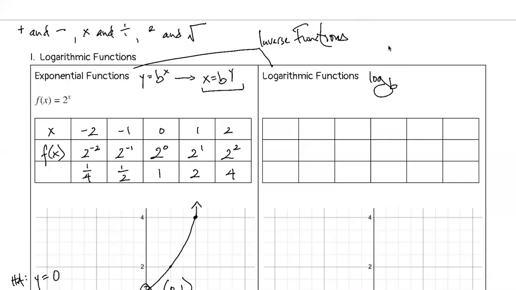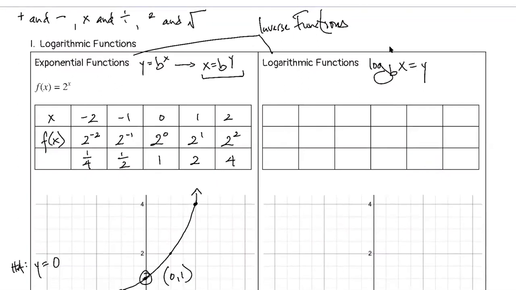What's the number that's going to get logged? x, good. So log base b of x equals y. That's where our log function comes from. We use the definition of an inverse, where we switch the x and y and solve for the new y.